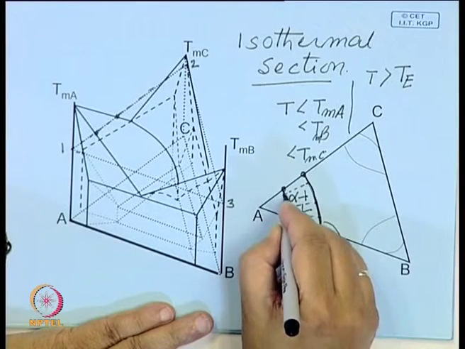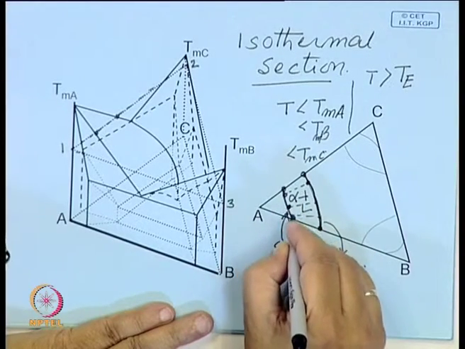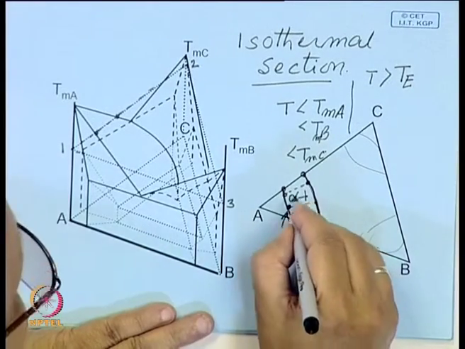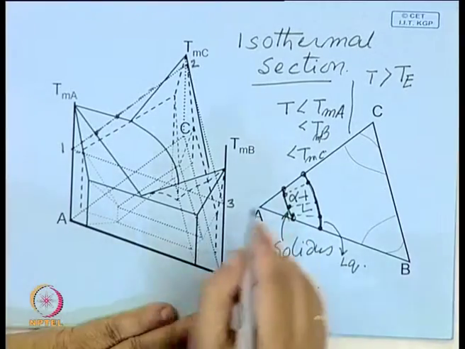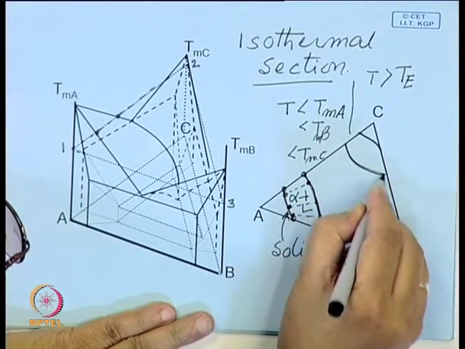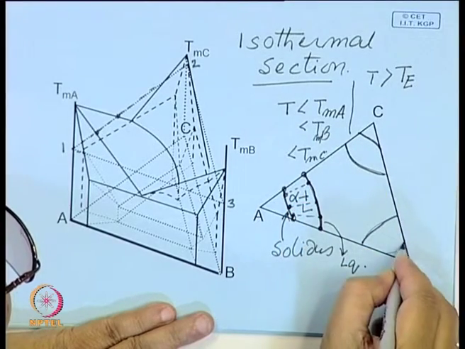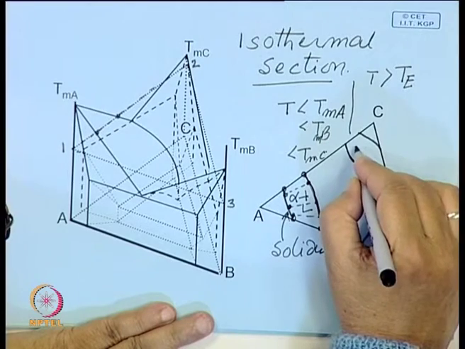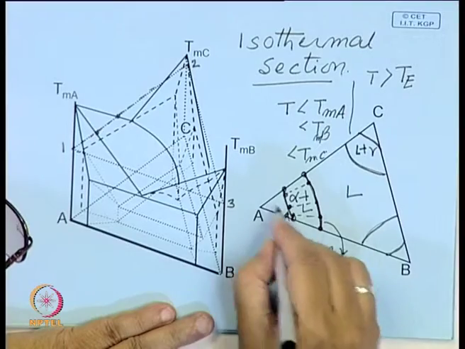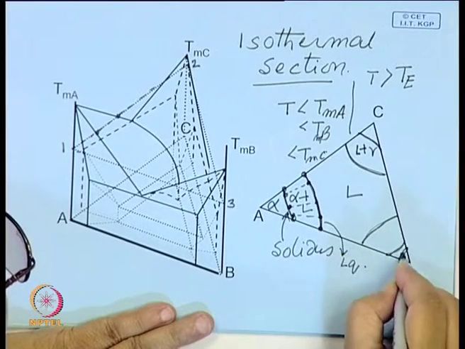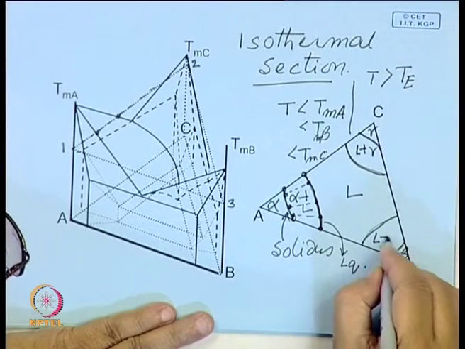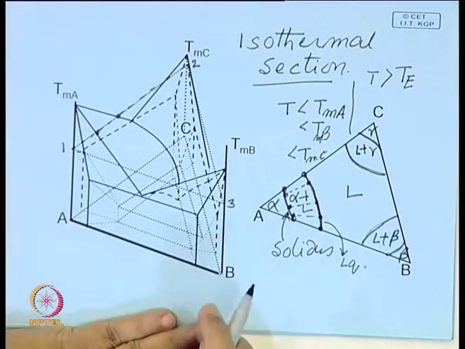So, you have to specify the temperature of the solid which will be in equilibrium with the liquid. Similarly, there will be such two phase regions on each of these three ends. This will be liquid plus gamma, this portion is liquid, this is alpha, this is beta, this is gamma, this is liquid plus beta.